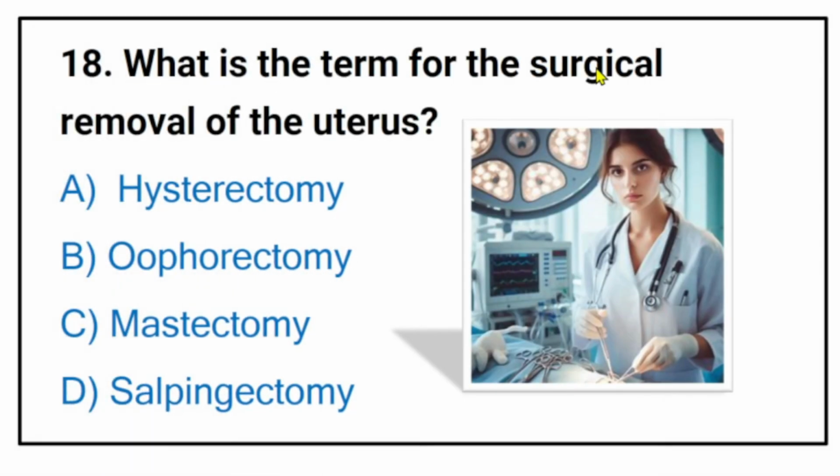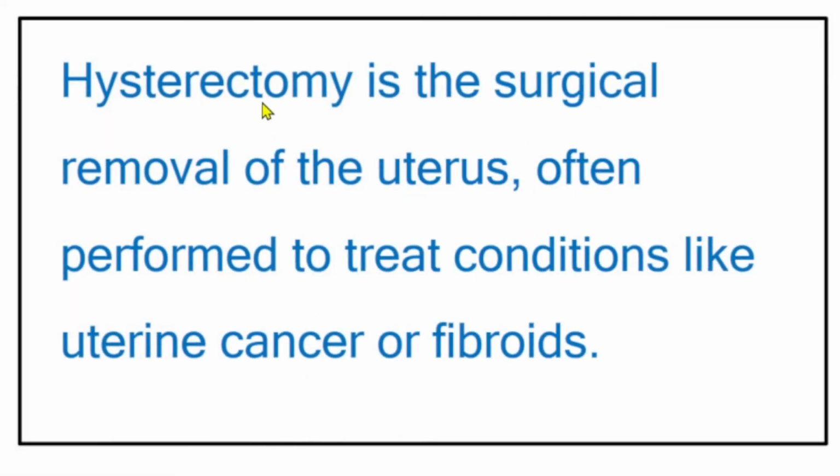What is the term for the surgical removal of the uterus? Hysterectomy, oophorectomy, mastectomy, salpingectomy. It is an easy question, so you can easily answer here. That is hysterectomy, surgical removal of the uterus. Hysterectomy is the surgical removal of the uterus, often performed to treat conditions like uterine cancer or fibroids.